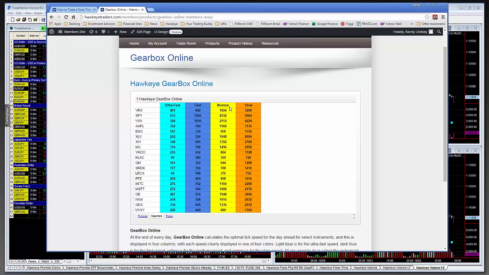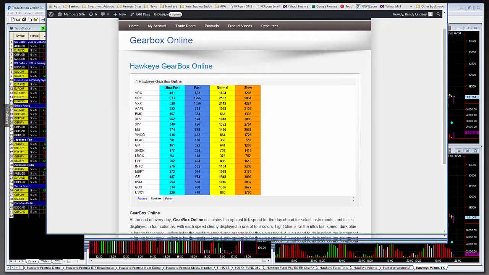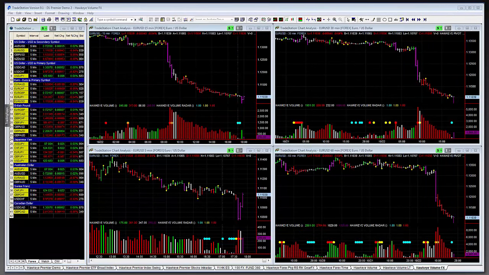So this is 1, 2, 3. Primary trading chart, confirmation, confirmation. If you like faster charts, then this becomes your primary. Then you use your fast and normal as your confirmation charts. And then I also show you during our live training exactly how to use those on your setups.